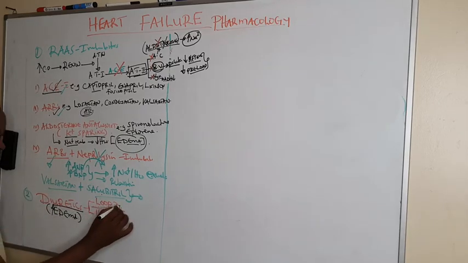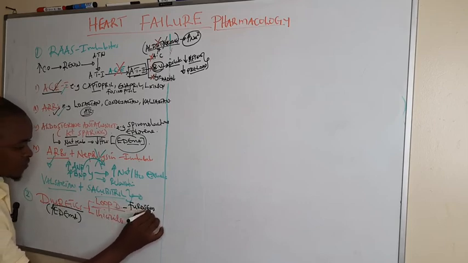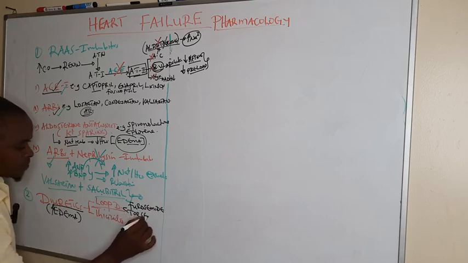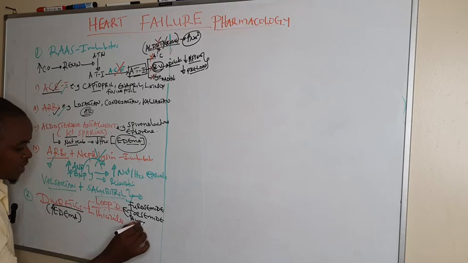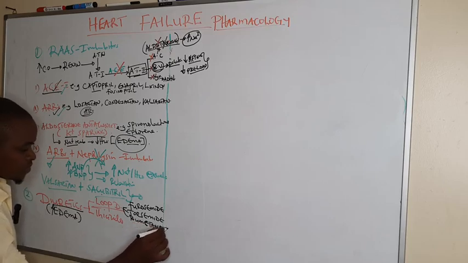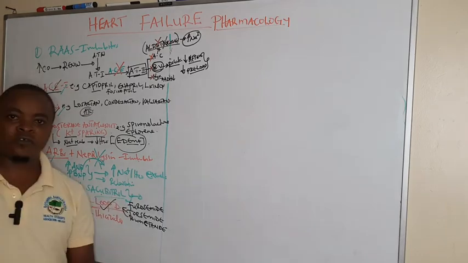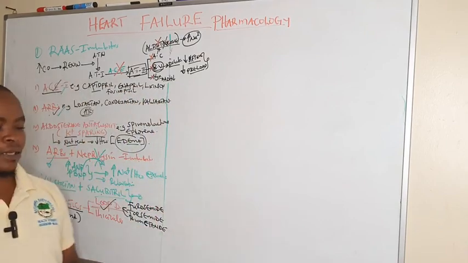And under loop diuretics, the preferred one is furosemide. You can give furosemide. You can give torsemide. You can give bumetanide. Bumetanide is also a loop diuretic. So these are preferred in treatment of heart failure with edema, both peripheral or pulmonary edema.